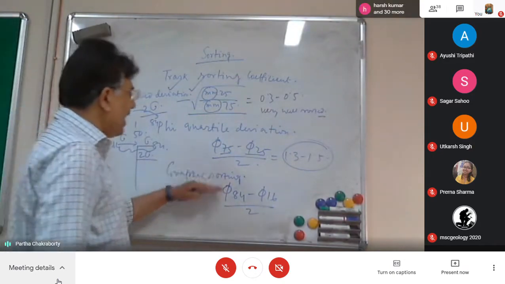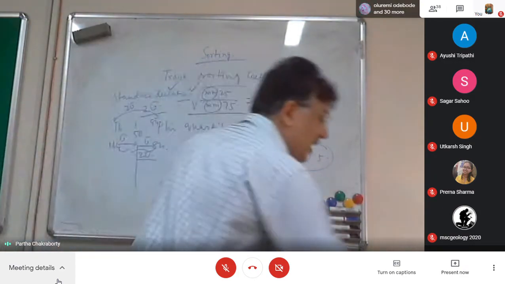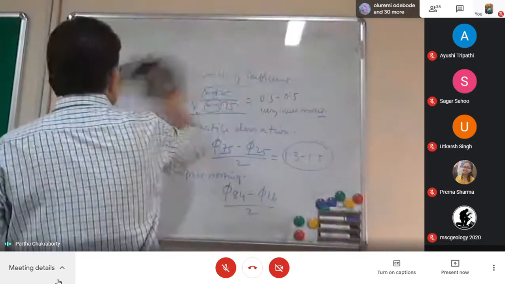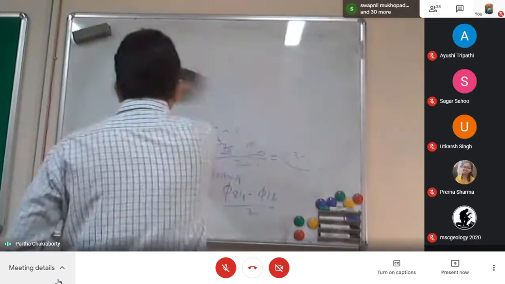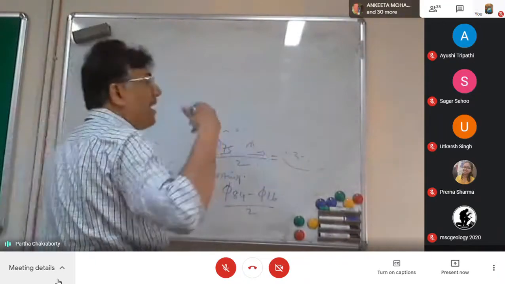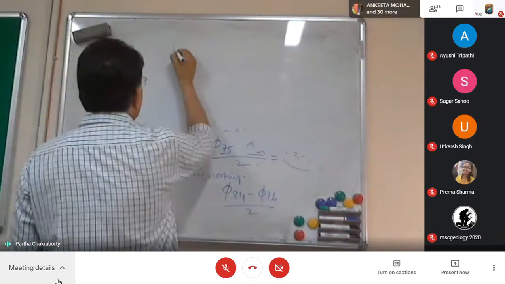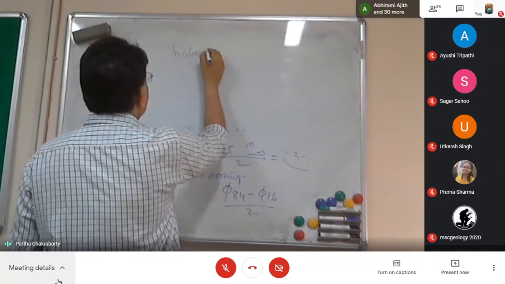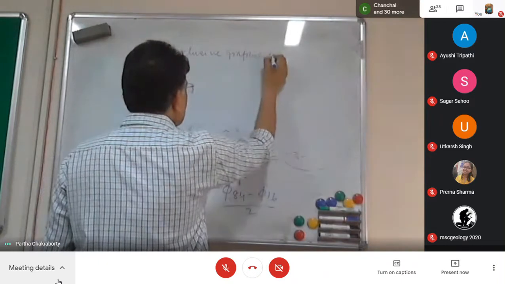This has been further improved by what is now considered the inclusive graphic sorting, to increase the consideration of the tails of the curve. That's why we call it the inclusive graphic sorting.